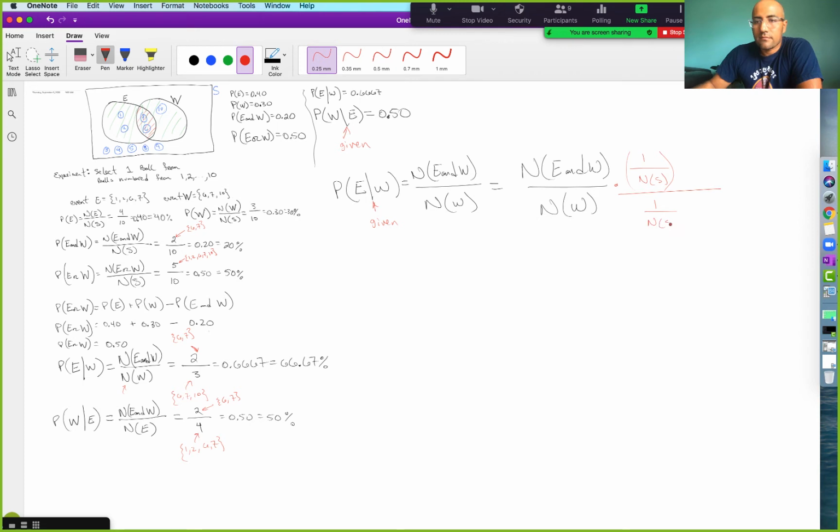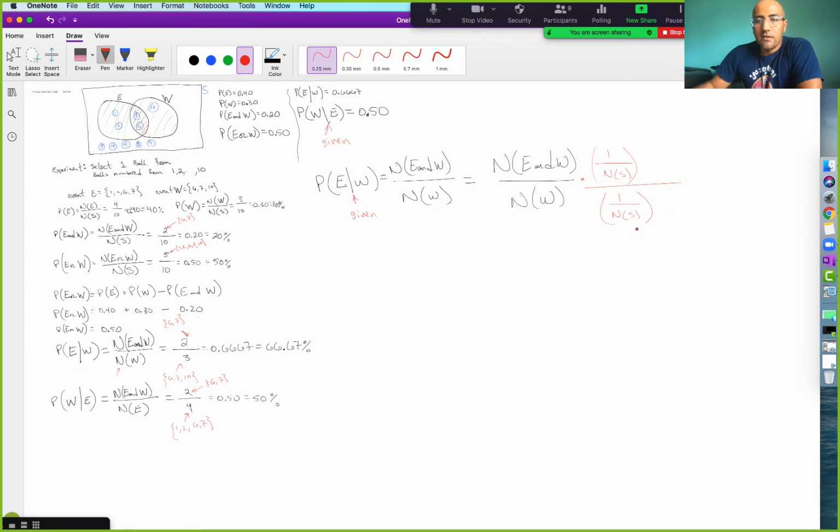Little algebraic trick. Whatever this is, it is exactly the same as this, and we know from fractions that whenever the numerator and denominator are identical, they represent a 1. So I'm multiplying this fraction by a new version of 1. Okay? All right.